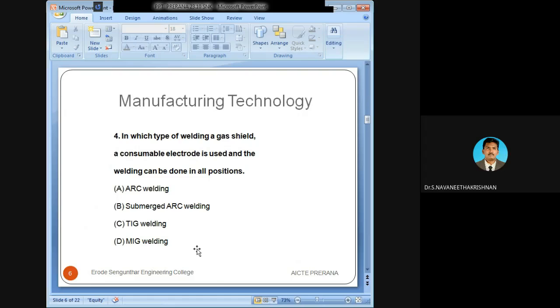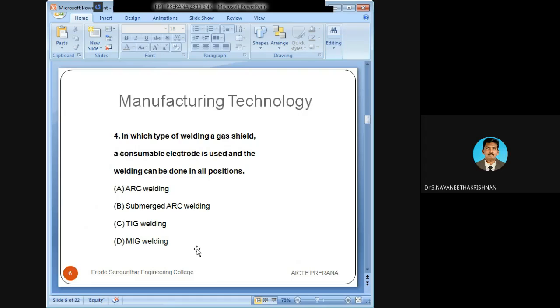So the various types of welding are arc welding, gas welding, TIG welding, that means tungsten inert gas welding, MIG welding, metal inert gas welding, and submerged arc welding.